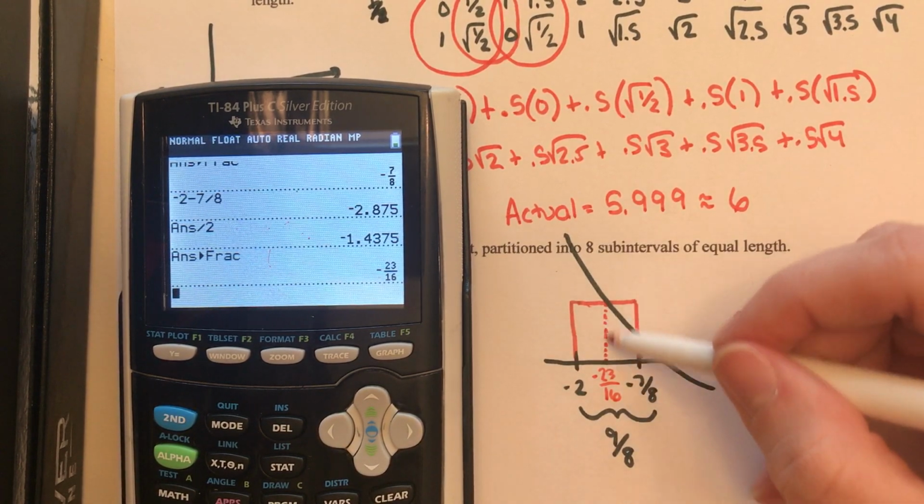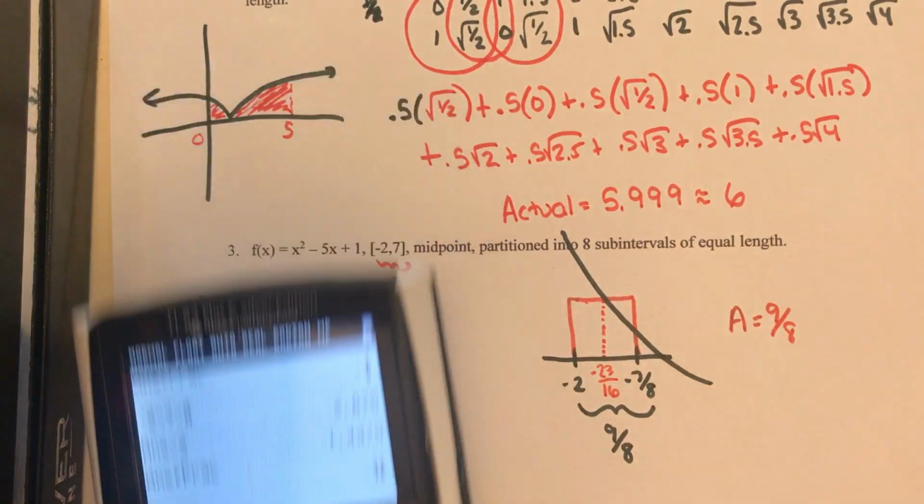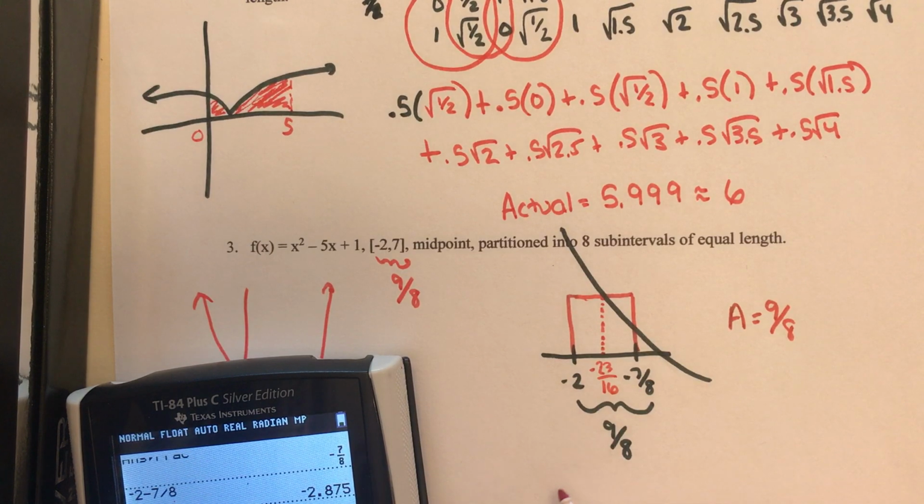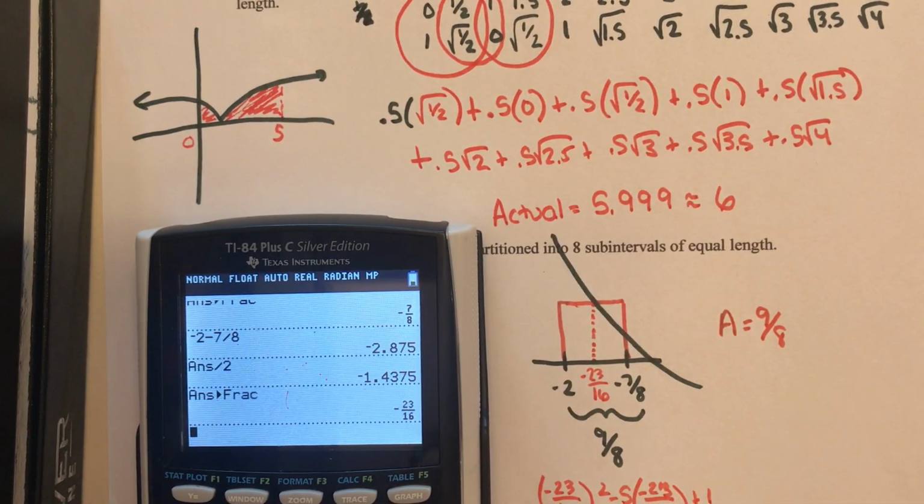So if I want the height at that point, I'm going to plug that into my formula. So -23/16 squared minus 5 times -23/16 plus 1. So I'm going to plug that in my calculator next so I can get my height there.